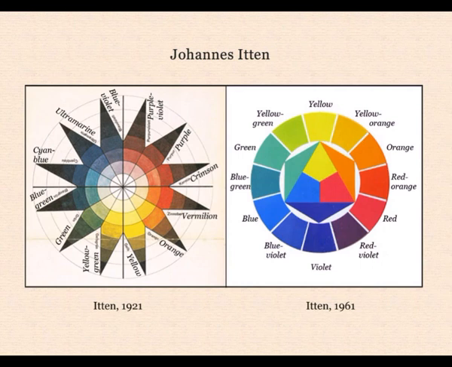Itten's colour star lithograph of 1921, for example, which he had used as the basis of his teaching at the Bauhaus, follows Hölzel's 12-hue system derived from the scientist Wilhelm von Bezold, and places yellow, cyan blue, and a purple or magenta at evenly spaced intervals. But in The Art of Colour, Itten reverted to a completely traditional circle with evenly spaced red, yellow and blue primaries, secondaries and 6 intermediates.